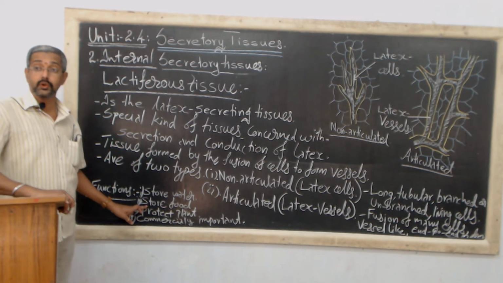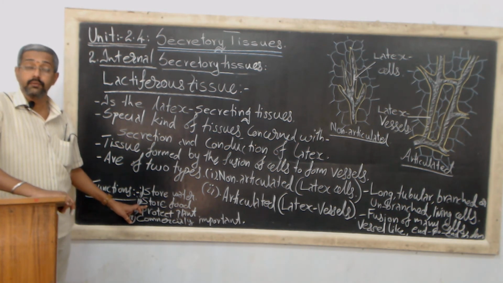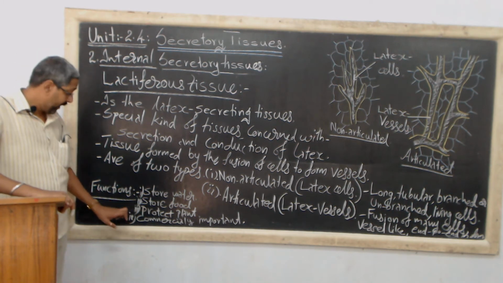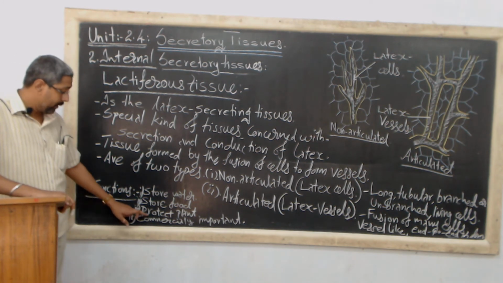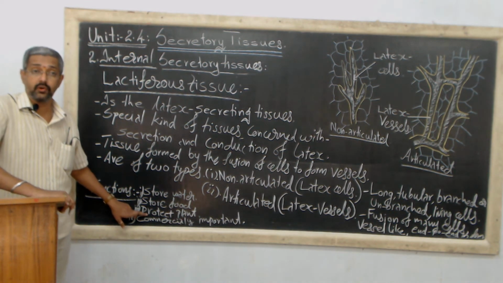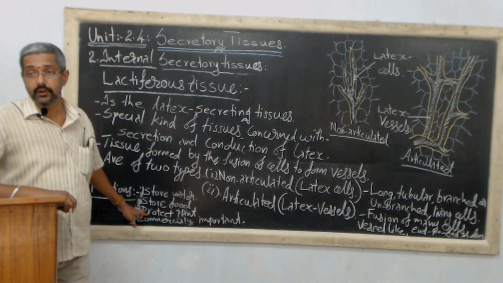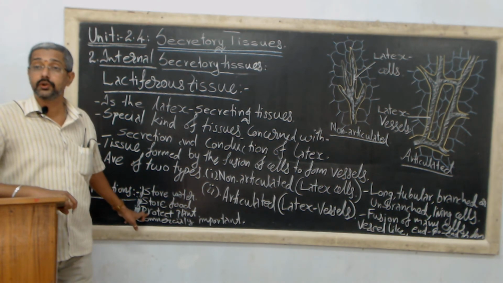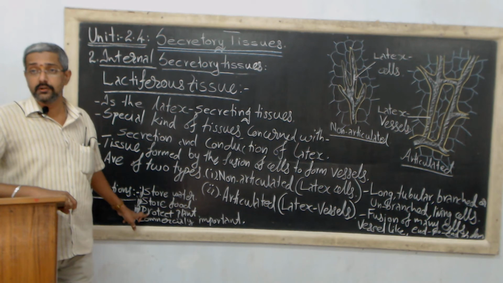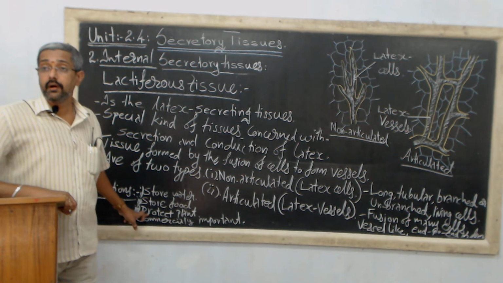So it is also assumed to be a storage of food for consumption by the plant in the later period. And the third function is to protect the plant. The latex is not only for storing or excretion of waste materials, but it also helps protect the plant from external biotic or abiotic factors.